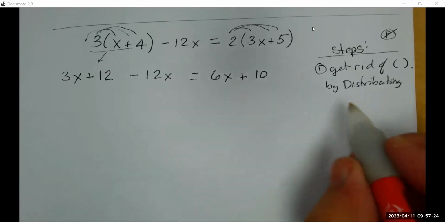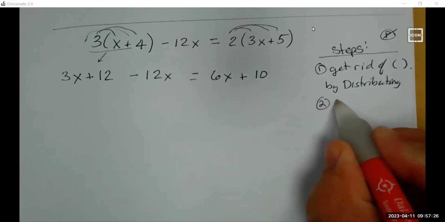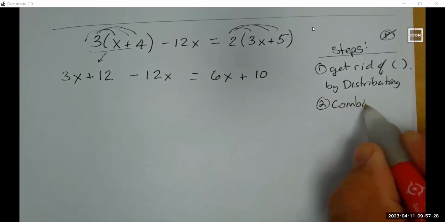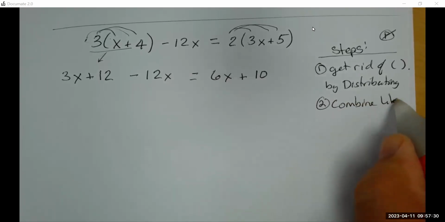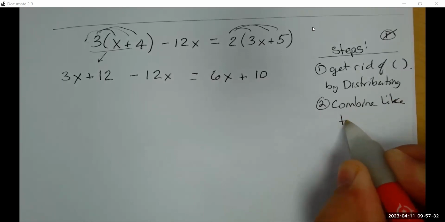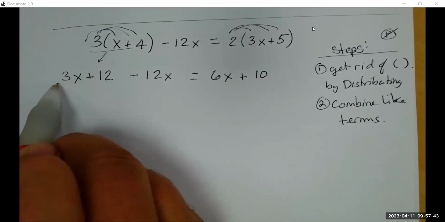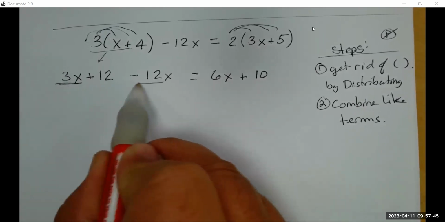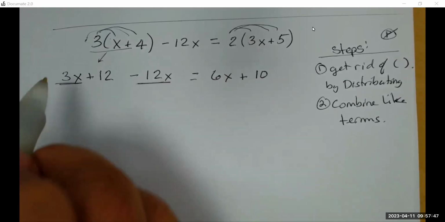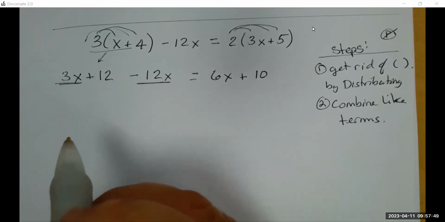Whenever you get rid of parentheses, the first thing you do is combine like terms. Whenever you get rid of parentheses, always combine like terms. So the x's are the like terms. So we have 3 minus 12 equals what?